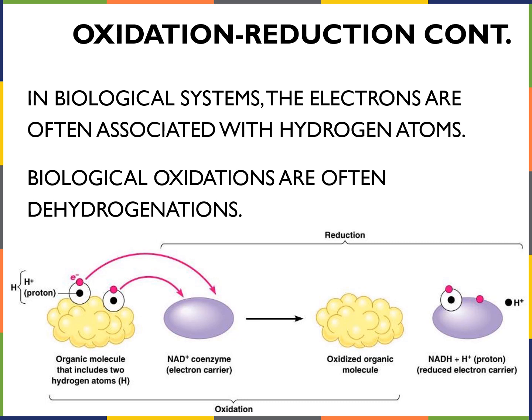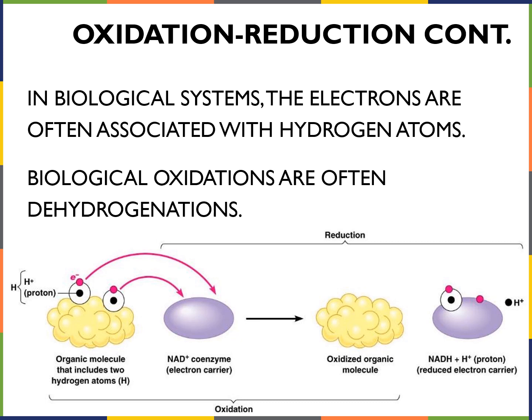First and foremost, note up here, in biological systems, the electrons are often associated with hydrogen atoms. So go ahead, and I told you to write in your notes, 1 hydrogen equals 1 electron. And the reason you're able to do that is if you look at the periodic table in chemistry, if you find hydrogen, well, hydrogen is the simplest element.